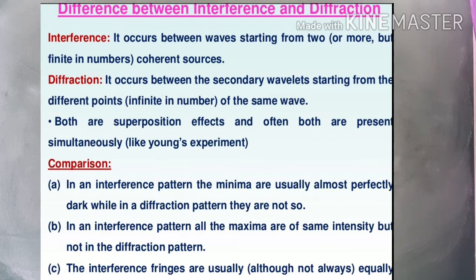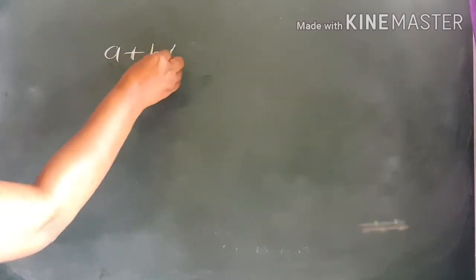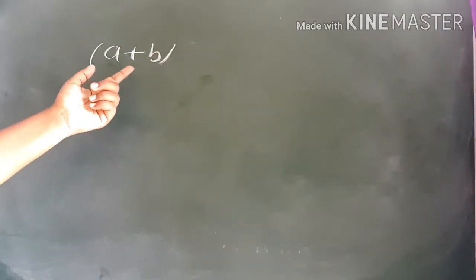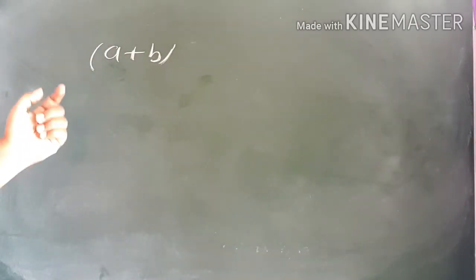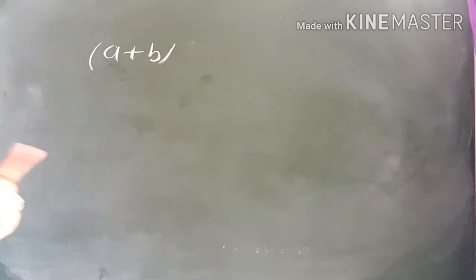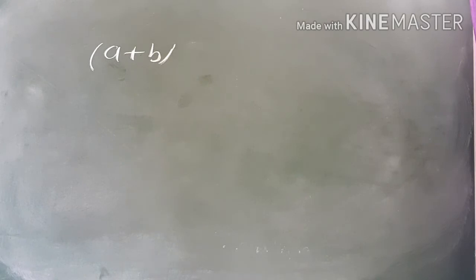Now what are corresponding points? Suppose small a is the width of the slit and small b is the distance between the two slits. Then any two points having a distance of a plus b are called corresponding points, and waves coming from any two corresponding points of the two slits create an interference pattern.